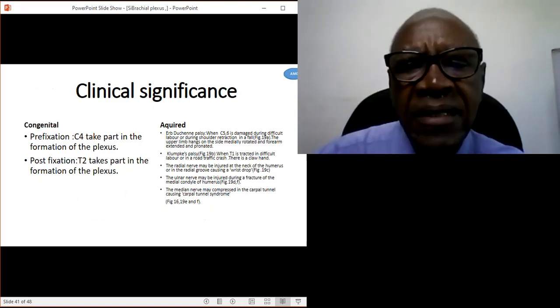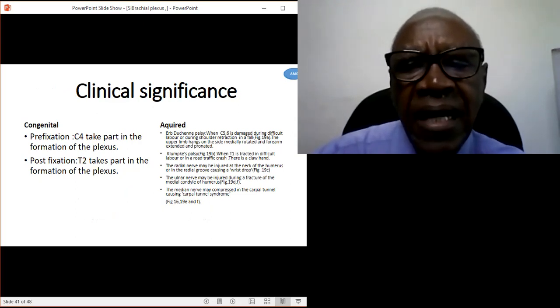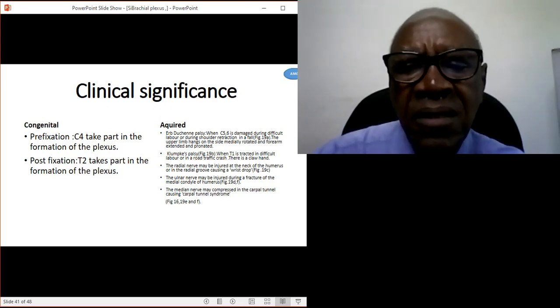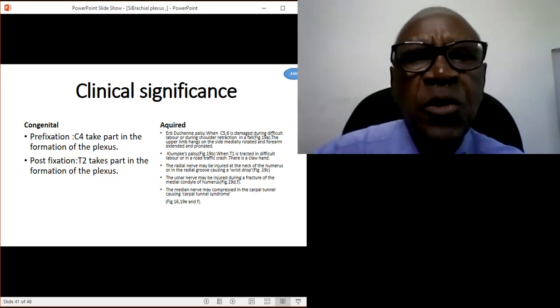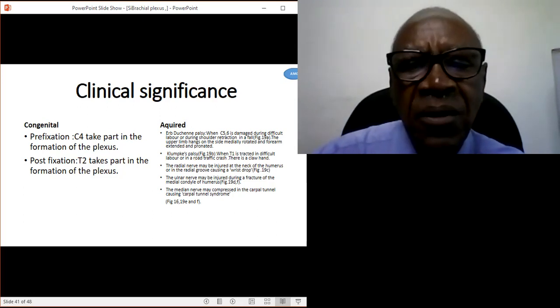The acquired conditions, usually due to injury, you can have Erb-Duchenne palsy, can have Klumpke's palsy, could have radial nerve palsy, ulnar nerve palsy, or median nerve palsy. These will be shown in slides below.